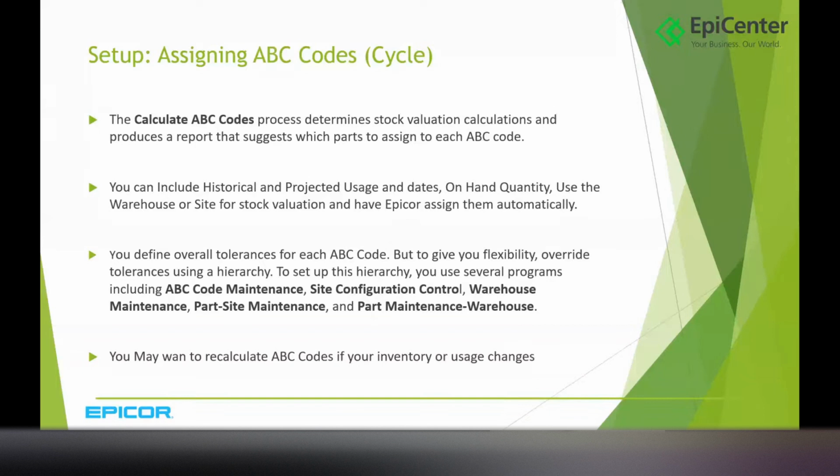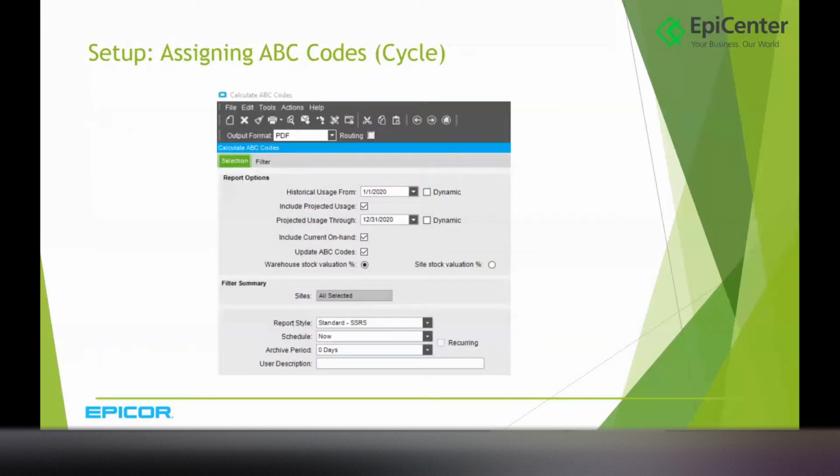So you don't have to manually go through every part to do that. And when you're doing it, you can select, do I want historical usage? And you can go back to a particular date and include it. You can look at projected usage going forward. You can include your parts on hand. Do I want Epicor to update them for you?